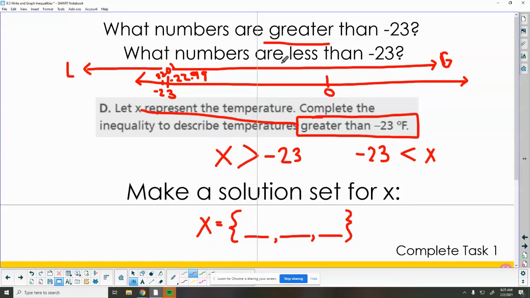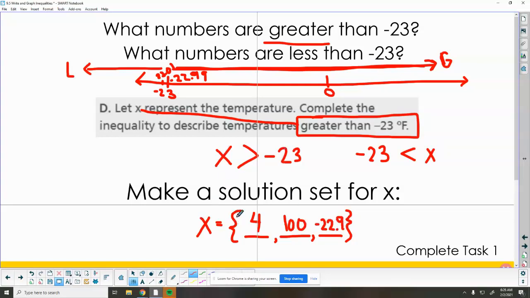So we already talked about numbers greater than negative 23. I can say that 4 is greater than negative 23. I can say that 100 is greater than negative 23, right? I can even say that negative 22.9 is greater than negative 23.